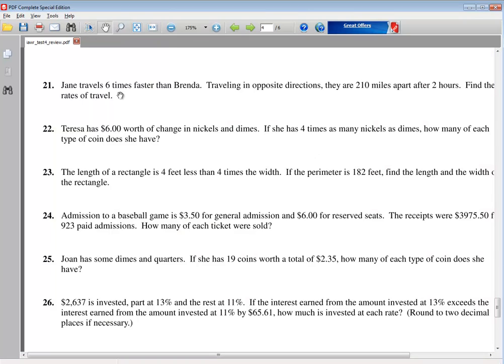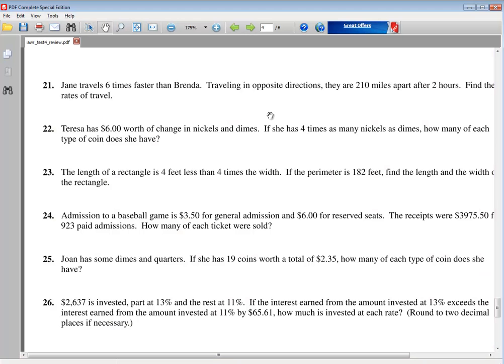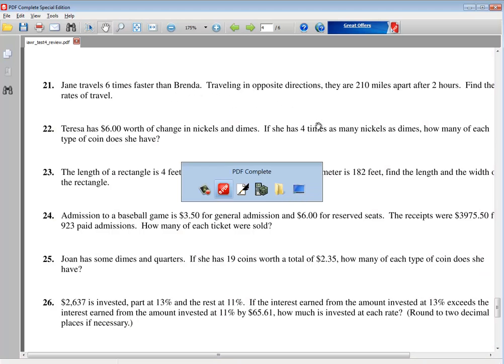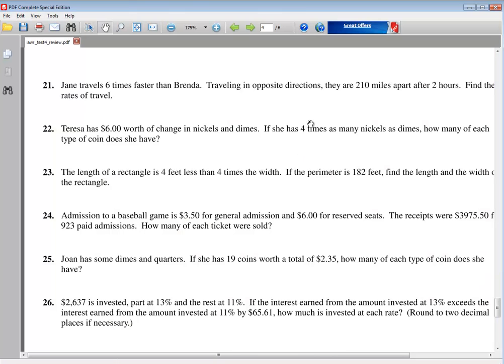Okay, I wrote that wrong. x would equal 6y. The reason is that if Brenda is going 10 miles per hour, then Jane would be 6 times 10, or 60 miles per hour. So Jane's faster. Okay, so that's the equation they've given us.